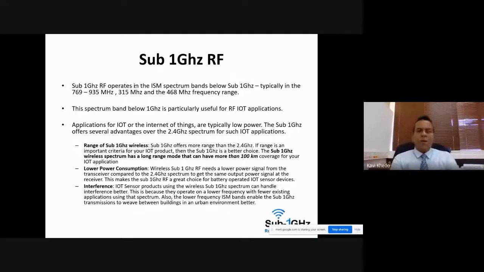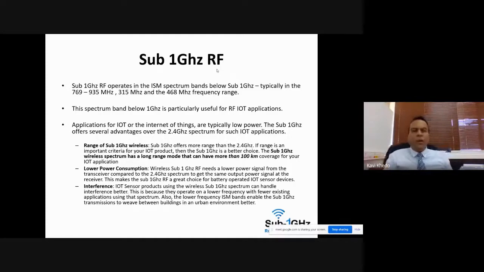One type of long distance communication is what is called sub 1 gigahertz RF. This is not a technology, this is a specific technique that we use, and many technologies have implemented this technique. Sub 1 gigahertz RF operates in the ISM spectrum band. Why is it called sub 1 gigahertz? You know your Wi-Fi operates in 2.4 gigahertz, which is more than 1 gigahertz.